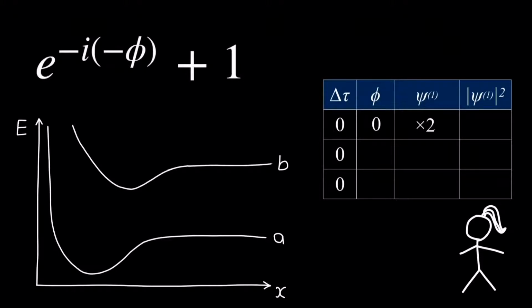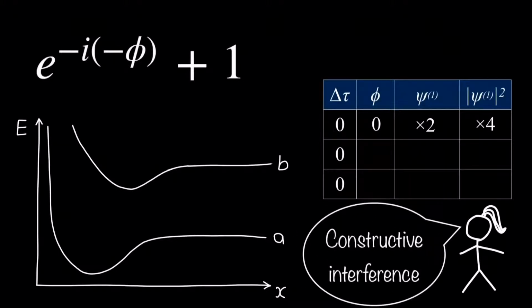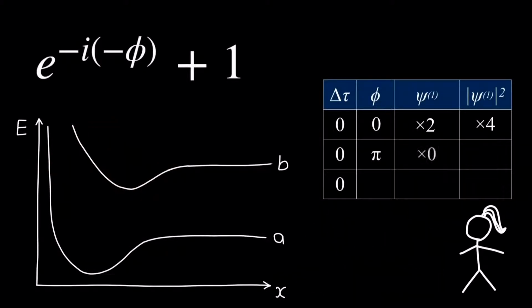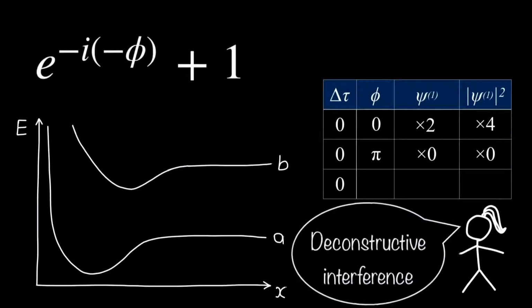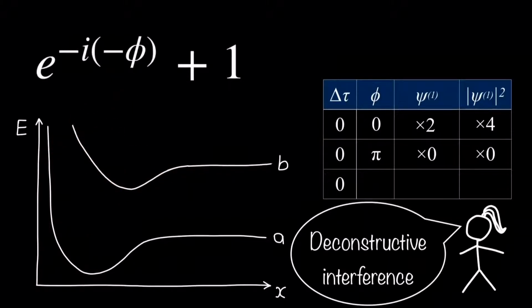For zero phase difference, the prefactor to the amplitude becomes 2, and the population in the excited state quadruples. There has been constructive interference between the first and second wave packets. If the phase difference between the pulses is pi, then the population becomes 0. This corresponds to destructive interference between the pump and the probe wave packets.